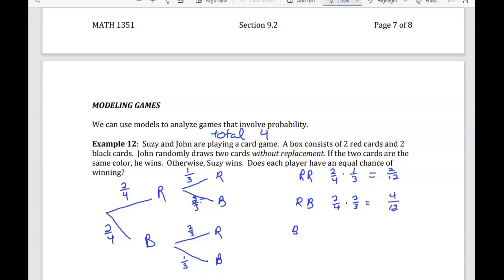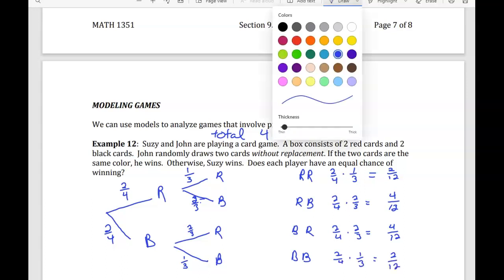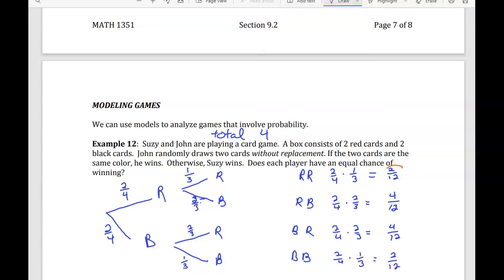To get a black and a red would be 2/4 and 2/3, so that would be 4 out of 12. To get a black and a black, that would be 2/4 and 1/3, so that would be 2/12.